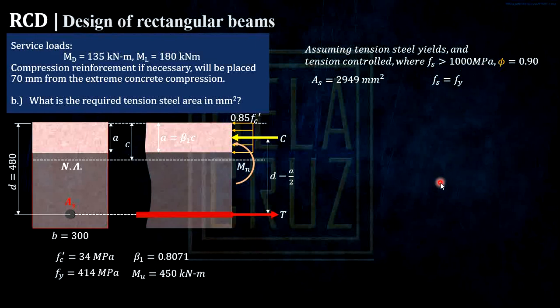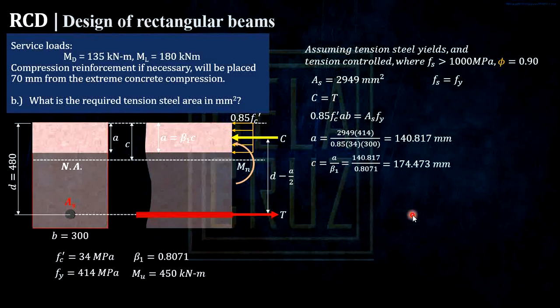Equating compression and tension, 0.85 fc prime ab equals As fy. Here we can solve for a. Substitute the values, or you can use shift solve, and our a is 140.817. Then c follows: a over beta 1.